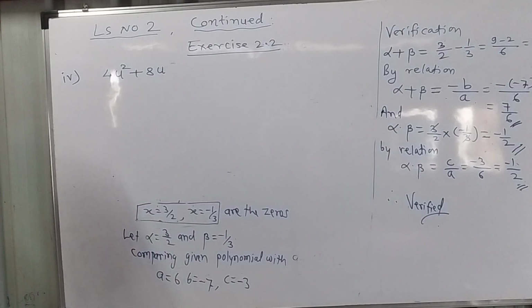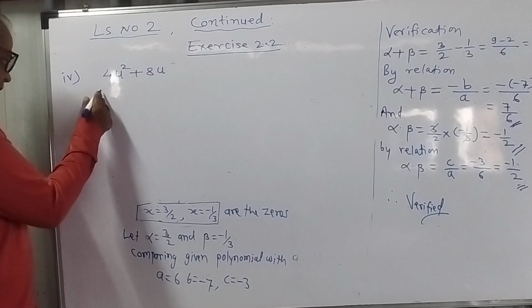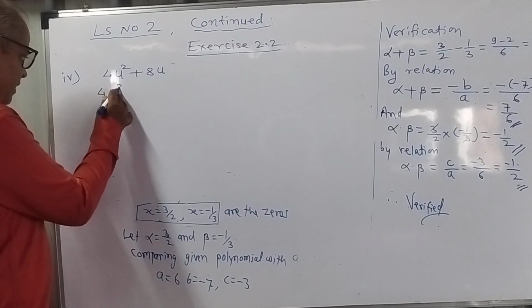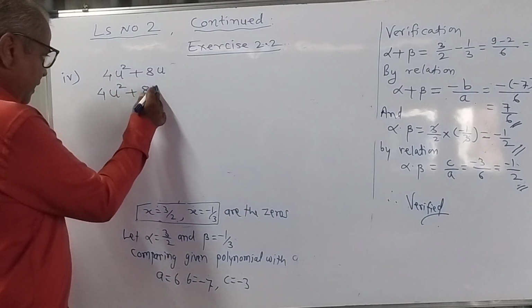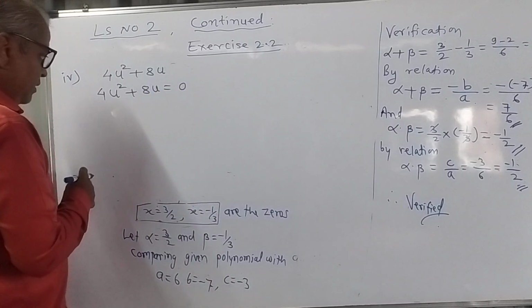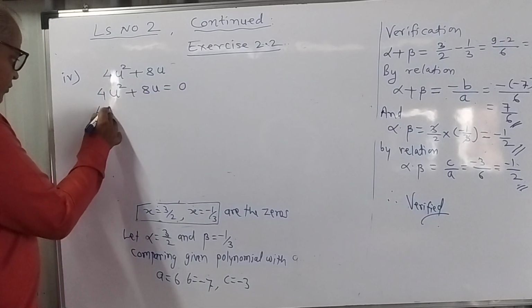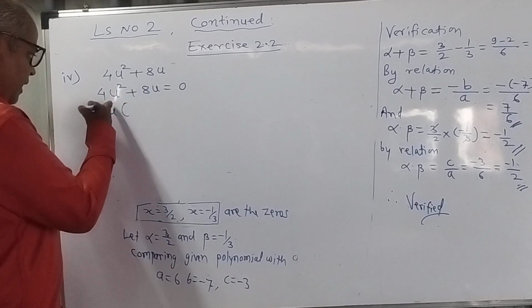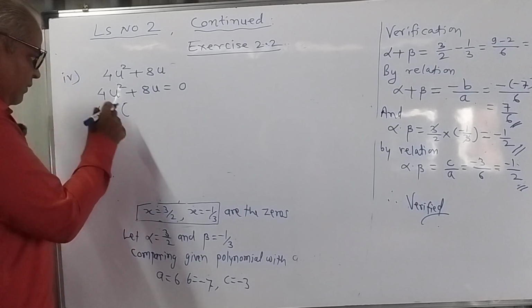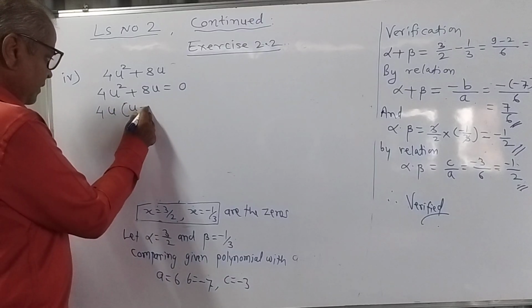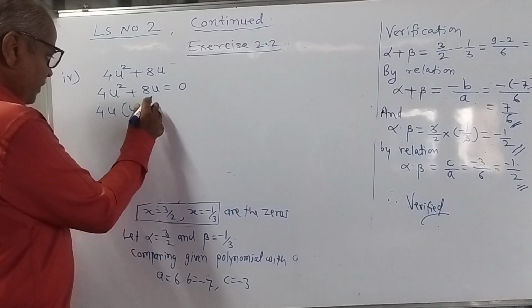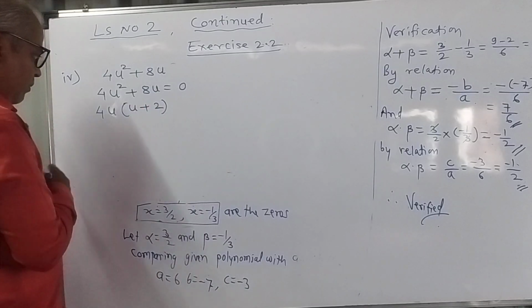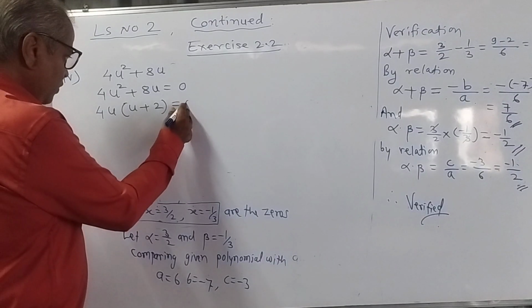So here we can take the common. First step is same: compare the given polynomial with 0. Equate it with 0. Take the common. 4u is common. So from 4u square and 8u, taking 4u common, only u is balance, and 4 into 2 is 8, so u plus 2 is equals to 0.